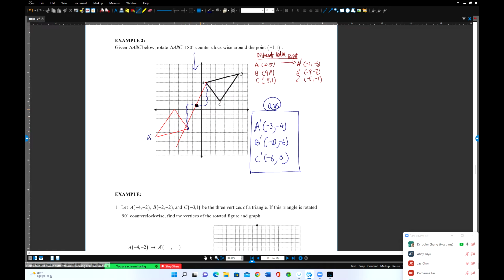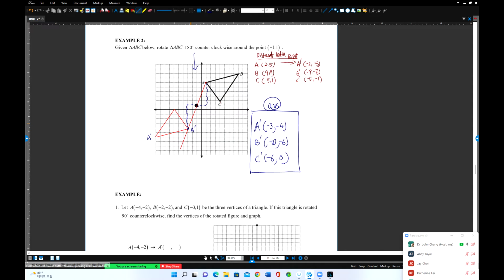That way it should pass through the center. Yeah, this is correct. That's the way you can find the value of A prime.